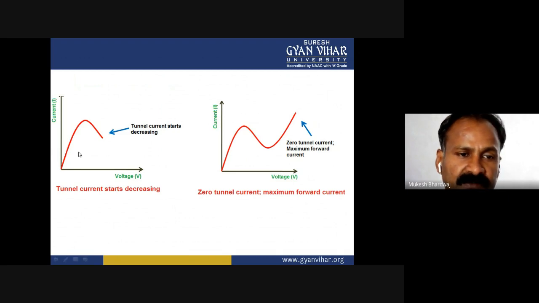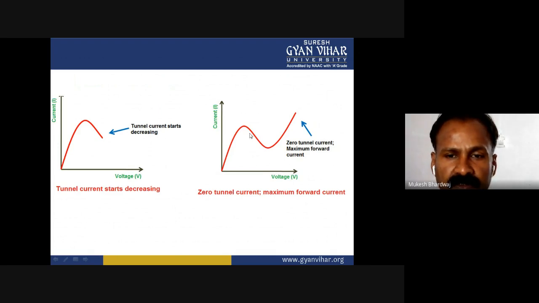As you see in the red color, the tunnel current starts decreasing. This diagram shows the zero tunnel current, maximum forward current. So when you continuously increase the voltage, again the current starts increasing rapidly and the maximum forward current is going to flow.